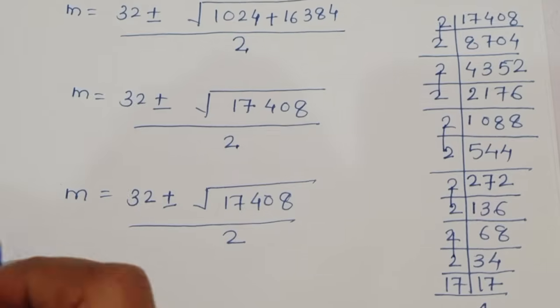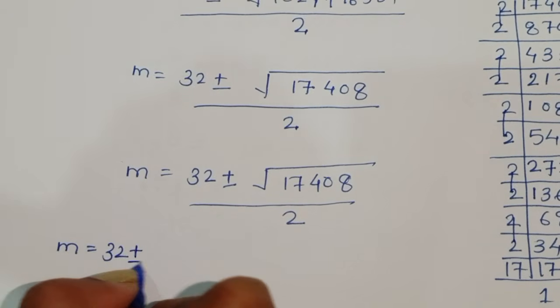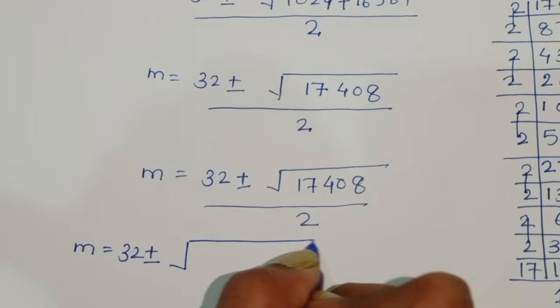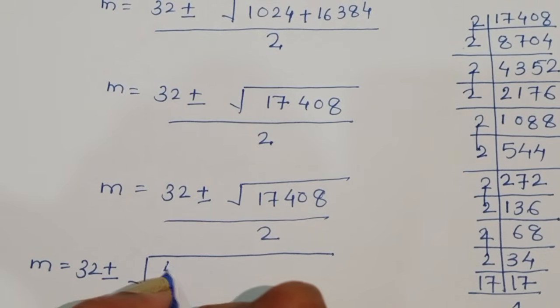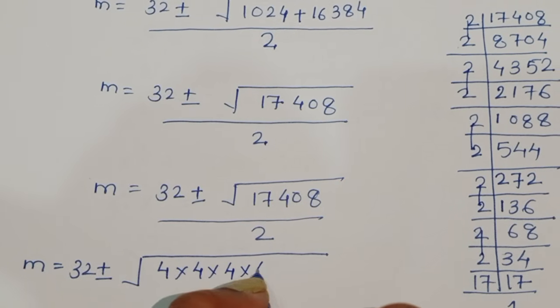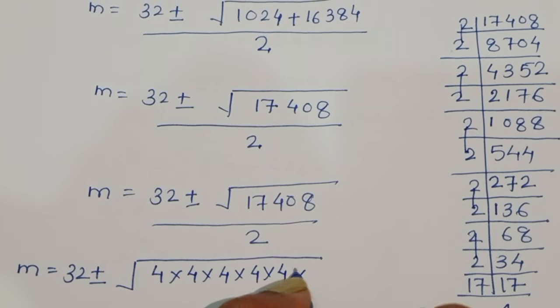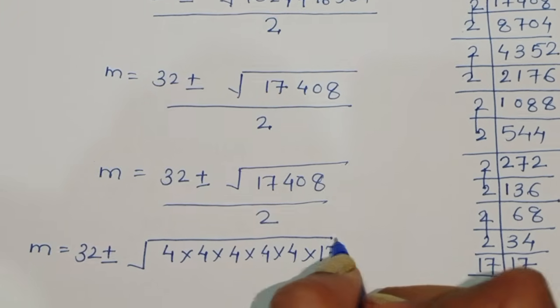So we can say m is equal to 32 plus minus square root of 5 pairs of 2. So 2 2s are 4, 2 2s are 4, 2 2s are 4, 2 2s are 4, and 17. So 1, 2, 3, 4 and 5 pairs, right?